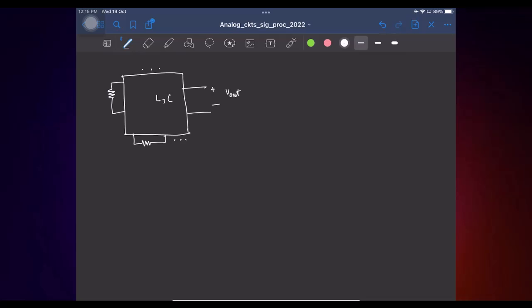And say this is the resistor RK. And this is the source denoting the noise generated by the resistor. So if I were to find the power spectral density at the output only due to this noise source, what will it be?